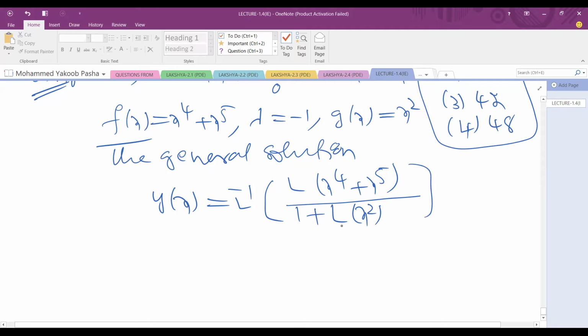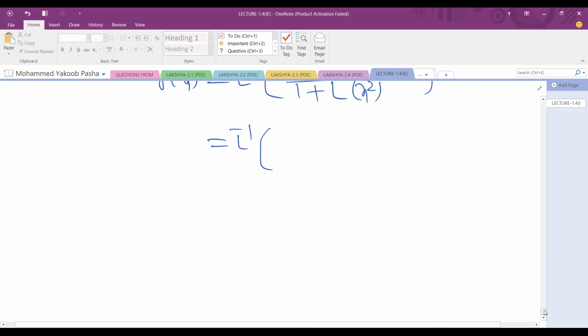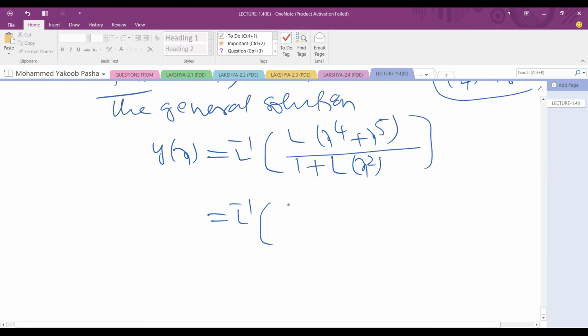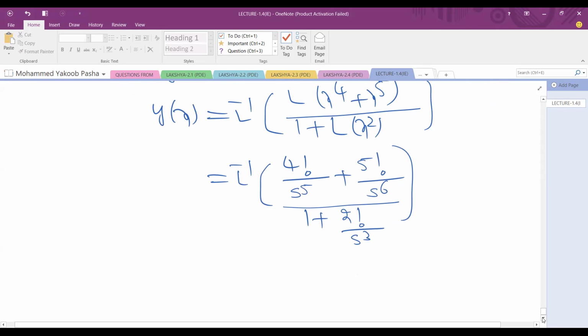So inverse Laplacian of, what is the Laplacian of x power 4? 4 factorial by s power 5. Yes, 4 factorial. See, your formulas have come. Plus 5 factorial by s power 6, divided by 1 plus Laplacian of x square, which is 2 factorial by s cube. These are the formulas we are using.